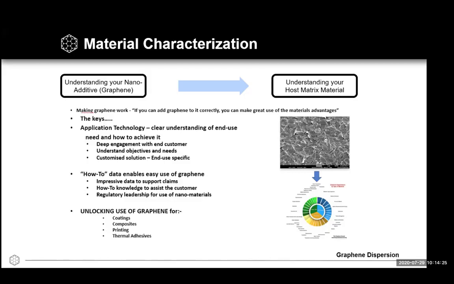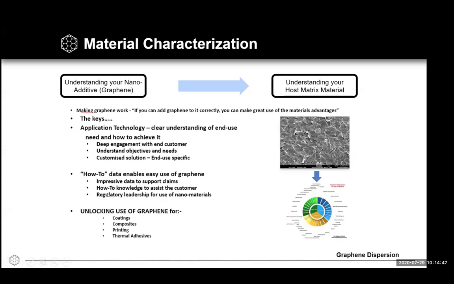Our particular chosen fields for us as a company are really looking at unlocking the use of graphene in 4 key areas, really. So coatings technology, so paints and coatings, and utilizing the remarkable impermeability of graphene to work as a barrier material.